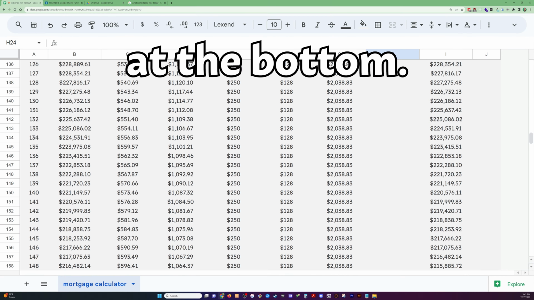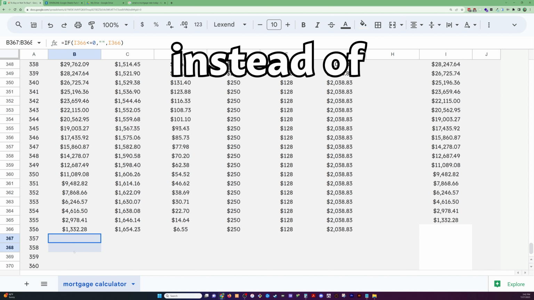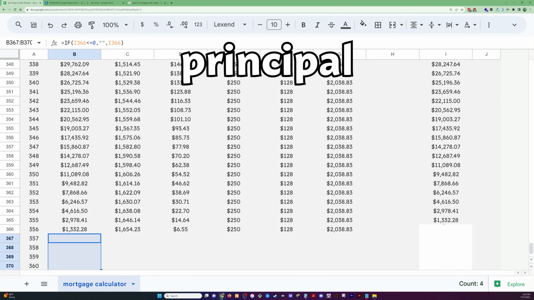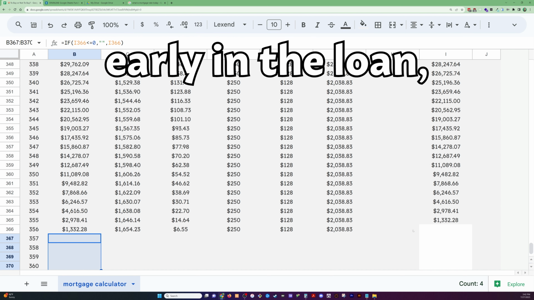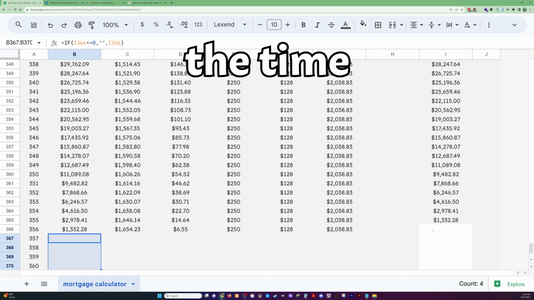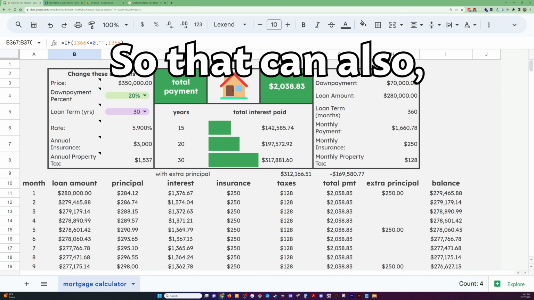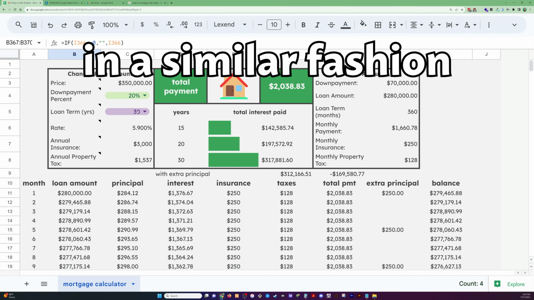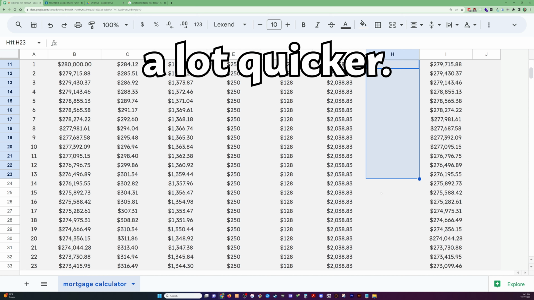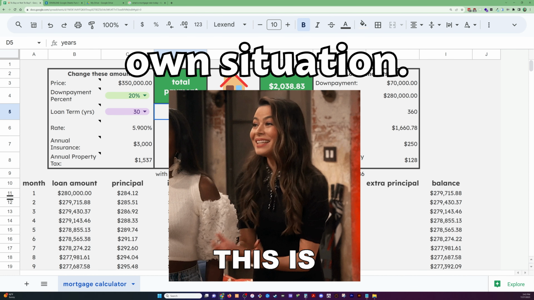Now down here at the bottom, you can see instead of taking that full 360 months, by making those principal extra payments way early in the loan, just those few that I entered in, it's actually reduced the time it takes to pay this loan off by 4 months. So that can also, in similar fashion to just making a lower loan term, cause you to pay things off a lot quicker. I've made this sheet for you to use in your own situation.